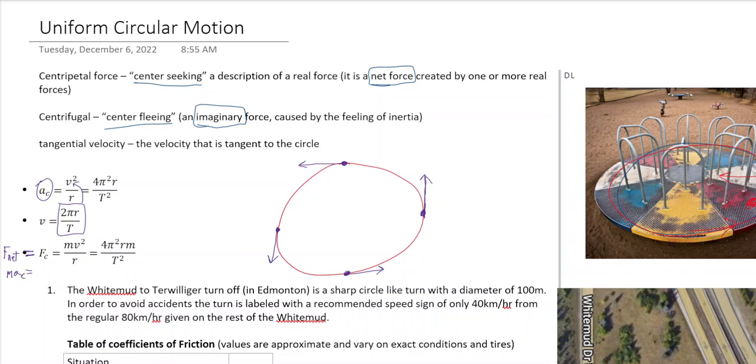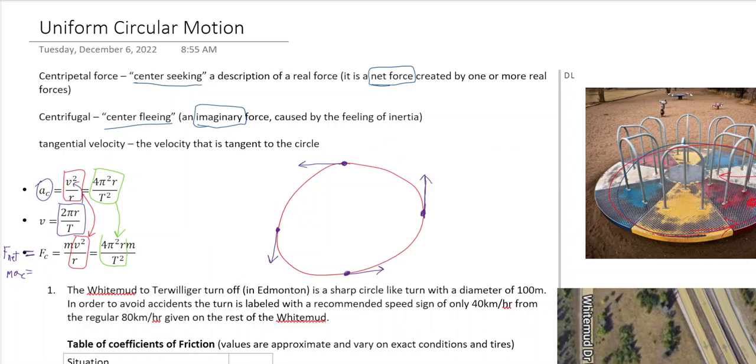So instead of writing centripetal acceleration, we can just write this part, which is this whole thing. I'm going to use a different color. This whole thing going in to here. Okay, or you could do this whole thing going in to the same thing.